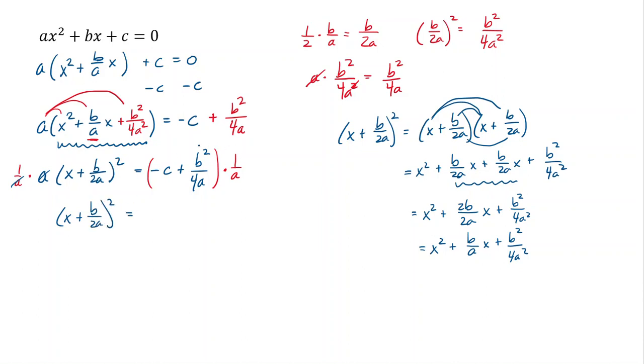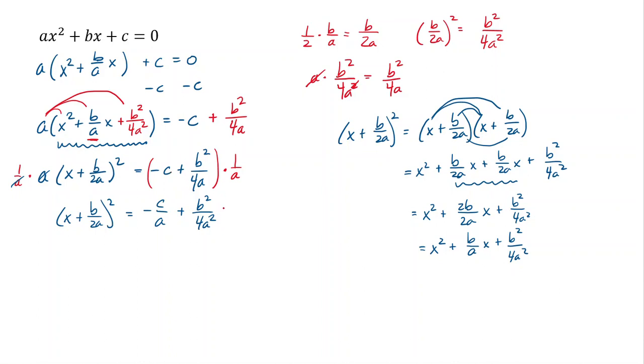And if I distribute here on the right side, I get negative c over a plus b squared over 4a squared. Is straight across the top, straight across the bottom. So let's do a little bit of work on the right side here. We'll get a common denominator with these two fractions so that we can make them into one fraction.